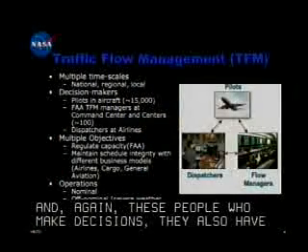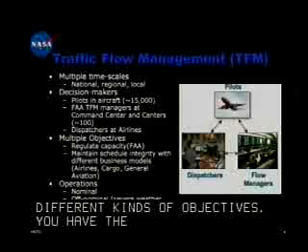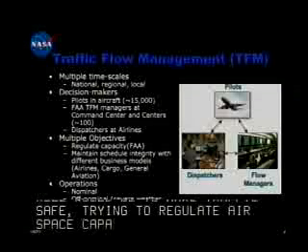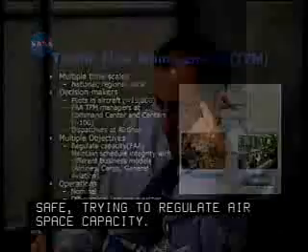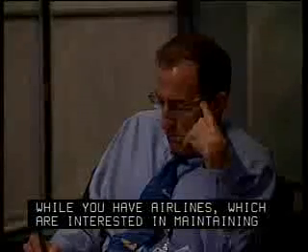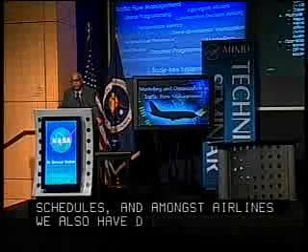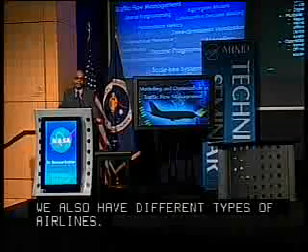You have the FAA, whose primary role is to make traffic safe, trying to regulate airspace capacity, while you have airlines which are interested in maintaining schedules. Amongst airlines we also have different types: passenger airlines, cargo airlines, and then general aviation.